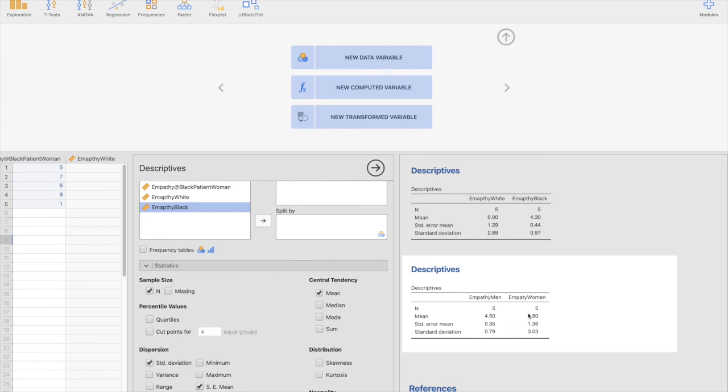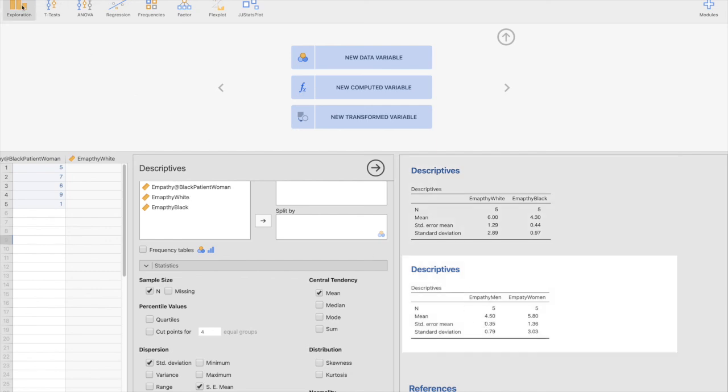I can see that it appears that women have a little bit higher empathy than men. In other words, nurses have more empathy for women patients than male patients. That's what we're seeing here. All right, so those are my two main effect data. If I need to make a graph for my main effect of race, I'm going to use these data. If I need to make a graph for my main effect of gender, I'm going to use these data.